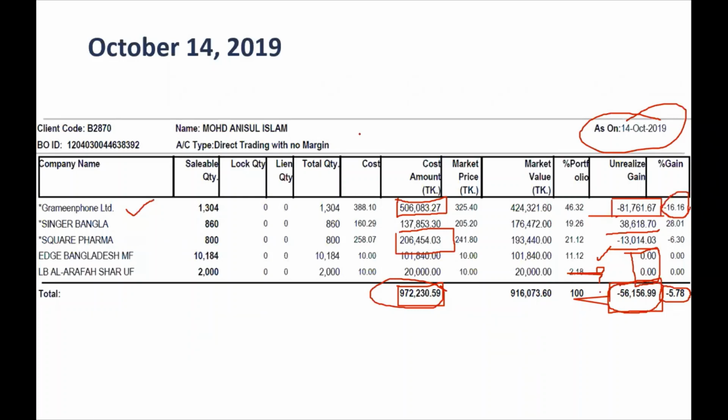So by investing in a portfolio, I have been able to reduce my losses from 16.16% to 5.78%.